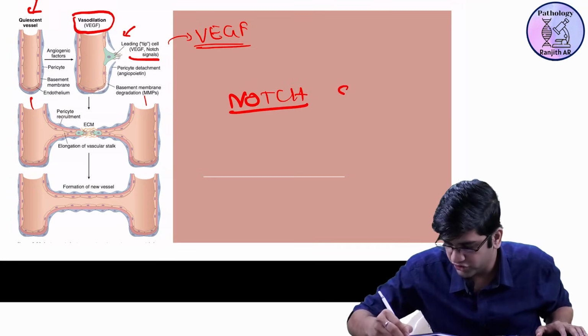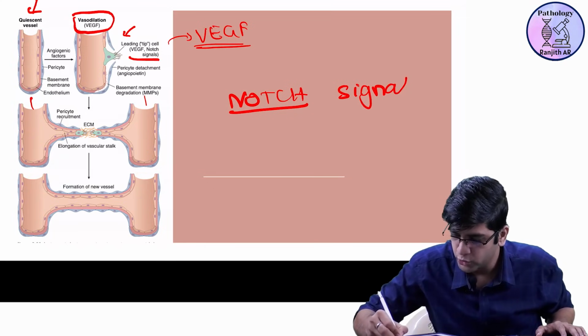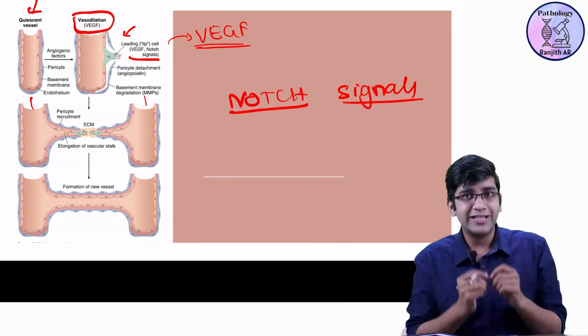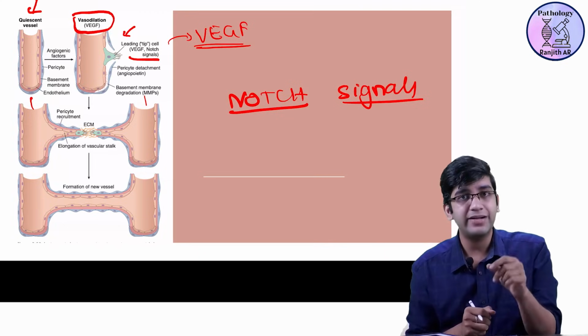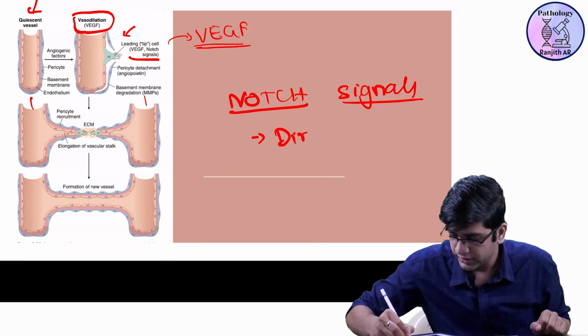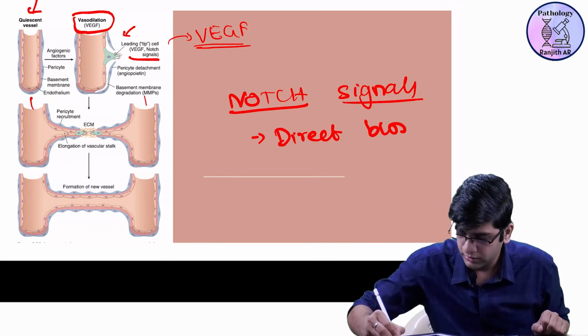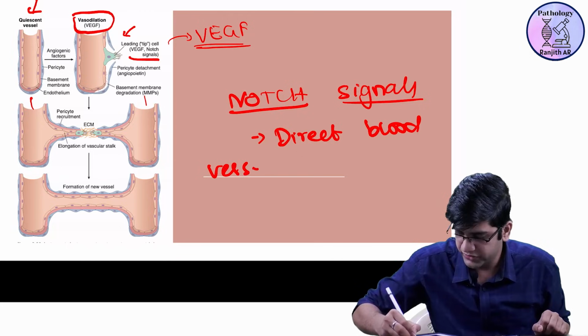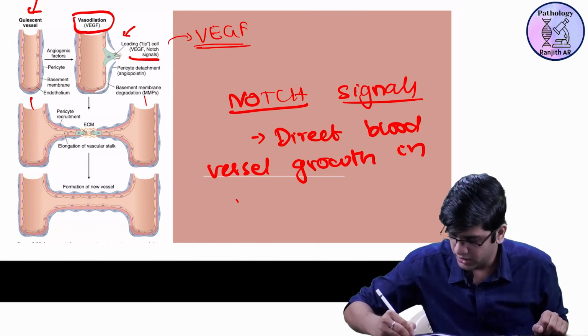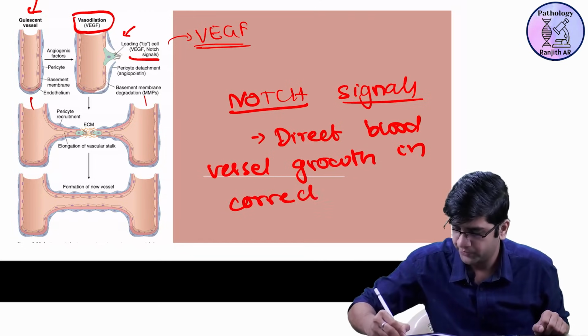There's something called Notch signaling. You must have heard about Notch signaling in your embryology as well. Notch signaling directs the blood vessels to go in the correct direction. These are the players that direct the blood vessel growth in the correct direction.